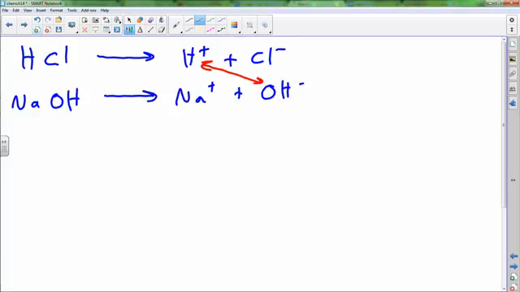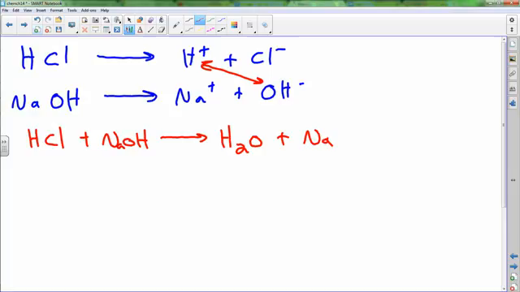So what we actually are going to do is take the HCl and the NaOH, and we're going to put those into the same solution. They're going to deprotonize. They're going to form their ions. And we get out H2O, and then the Na and the Cl in ionized form.